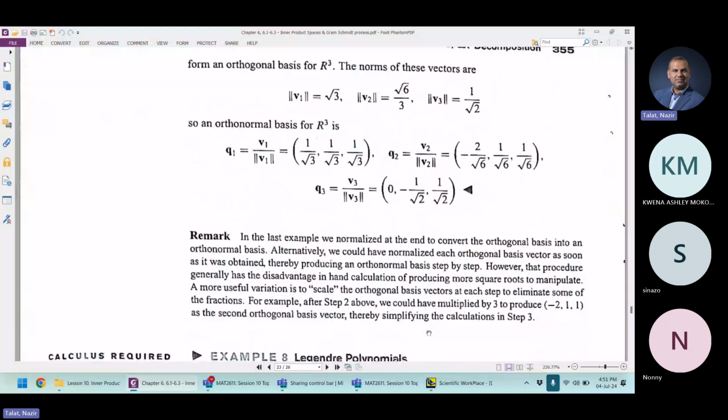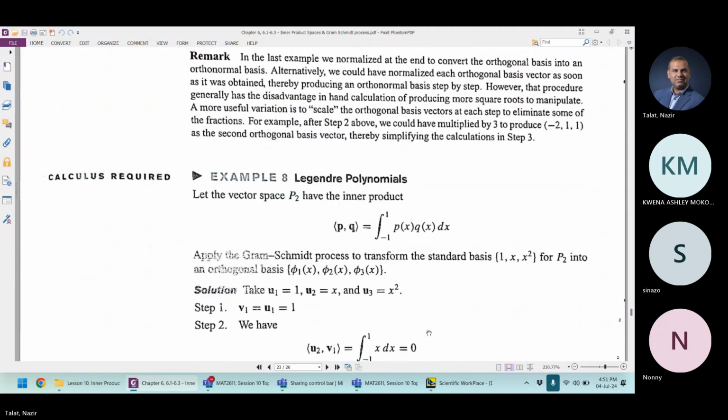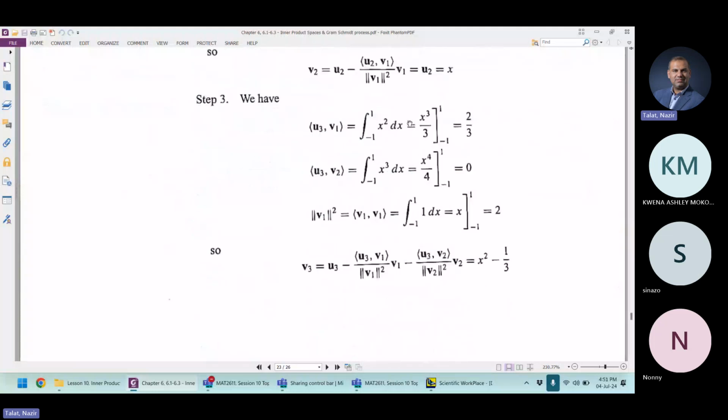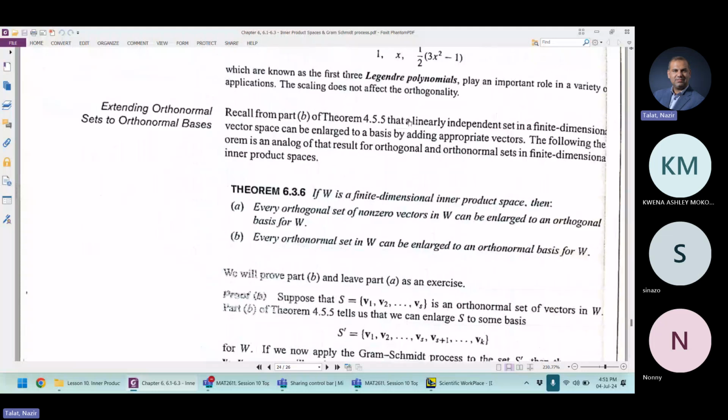So the conclusion is that from any given basis we can find orthonormal bases. Here the formula is also available if we have Legendre polynomials, so we can use this formula and we can also find an orthonormal basis in different cases.